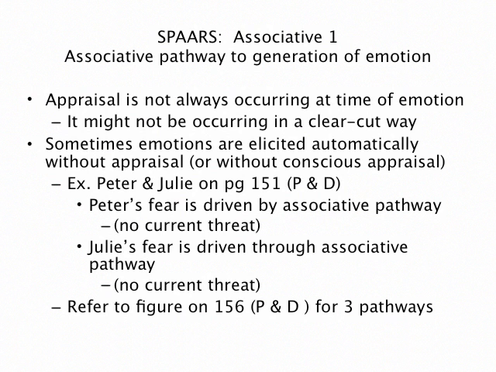So, I'm not going to go into a whole bunch of examples now, but I want to call your attention to page 151 in Power and Dalgleish, where there are two different examples of Peter and Julie. So Peter's fear and Julie's fear. There's no current threat at all. There's the fear of birds, and then the situation with the father, I believe.